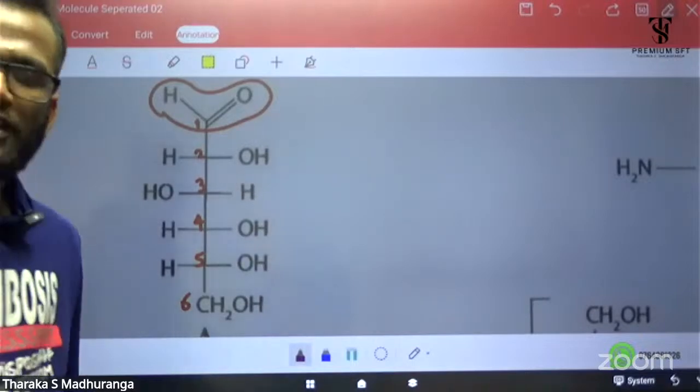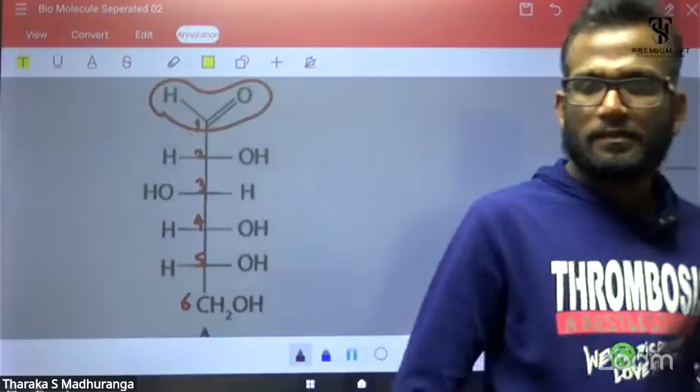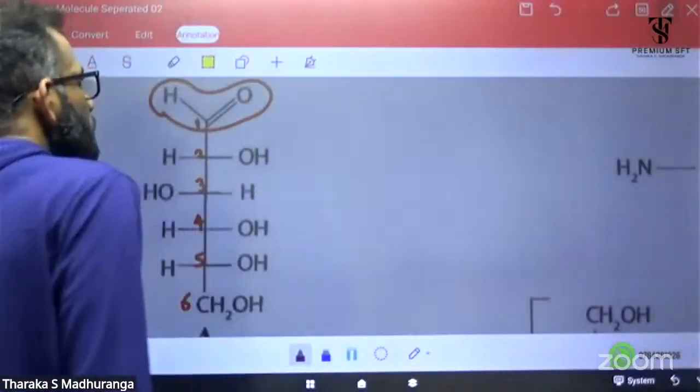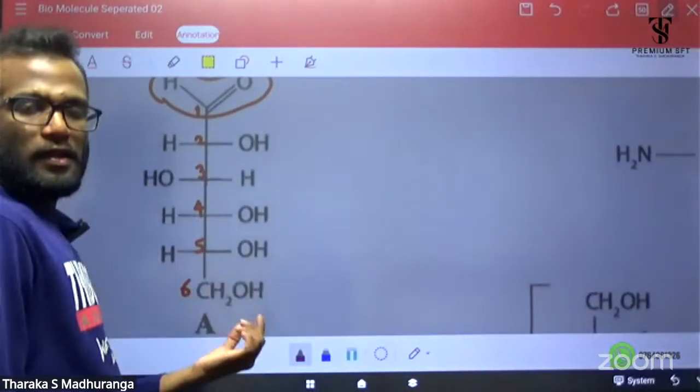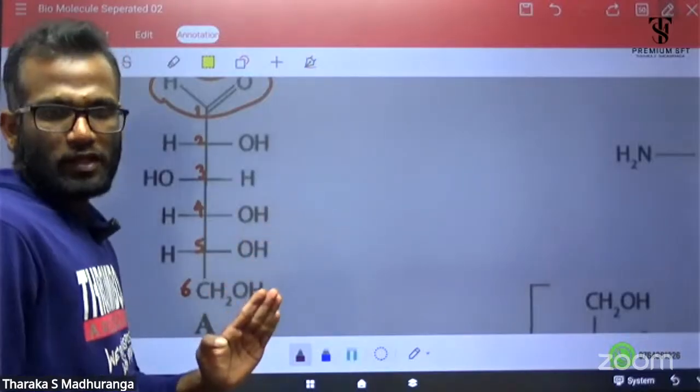How to identify glucose or galactose? They are identified according to the third and fourth carbon.